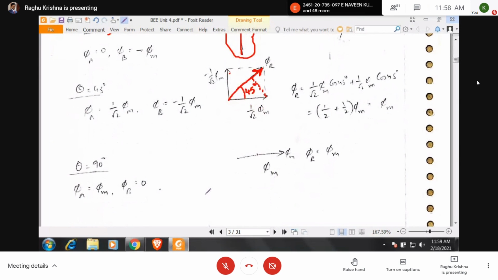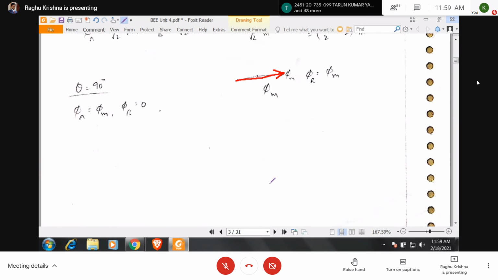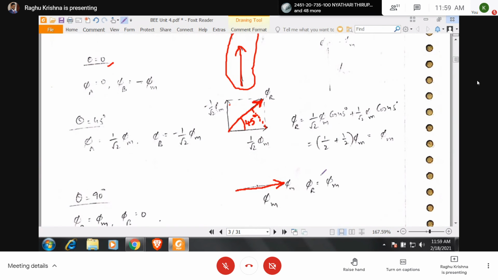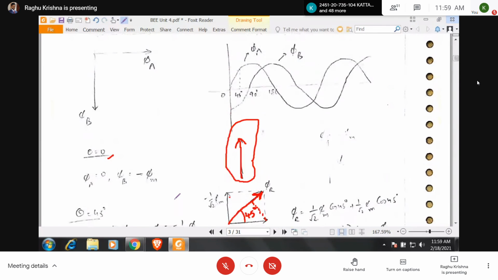So coming to 90 degrees, this is the direction of the resultant flux, like this, and the magnitude is phi m. So in every case, at every instant, we are going to have a constant magnitude flux, but it is rotating. We are going to have a rotating magnetic field, and the two fluxes have a phase displacement of 90 degrees.